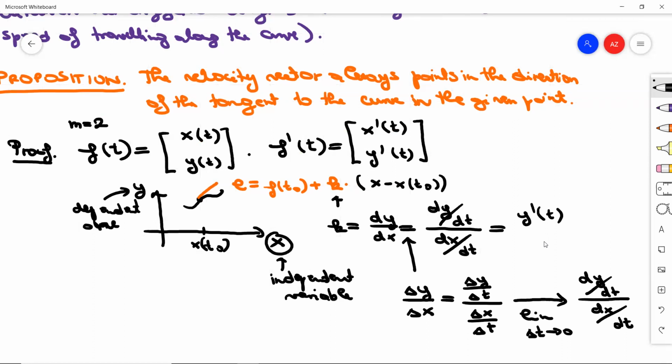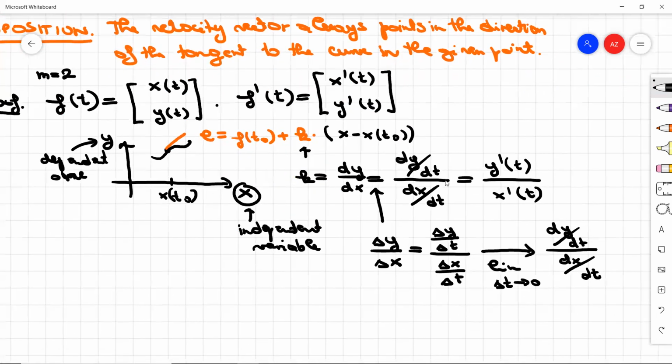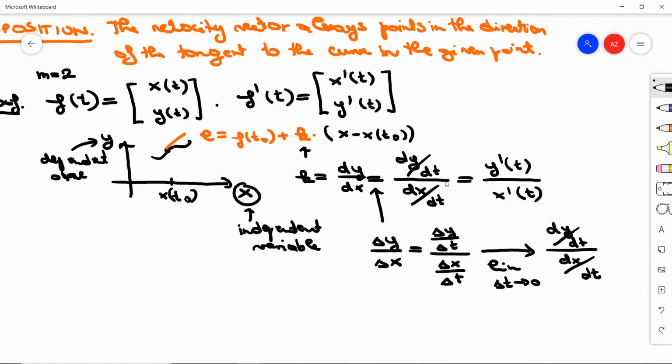And here we have the derivative of x with respect to t. So this k, the slope, is in fact the derivative of y with respect to t over the derivative of x with respect to t.